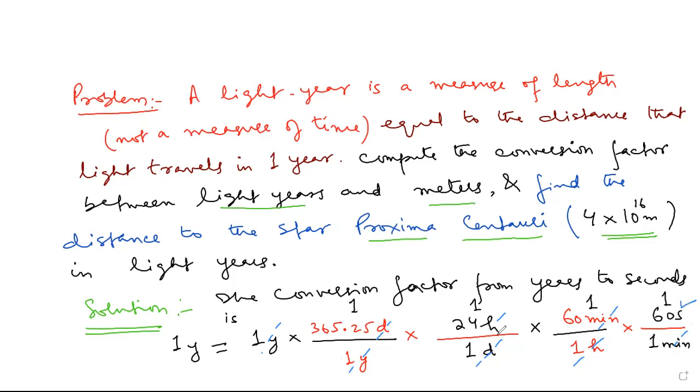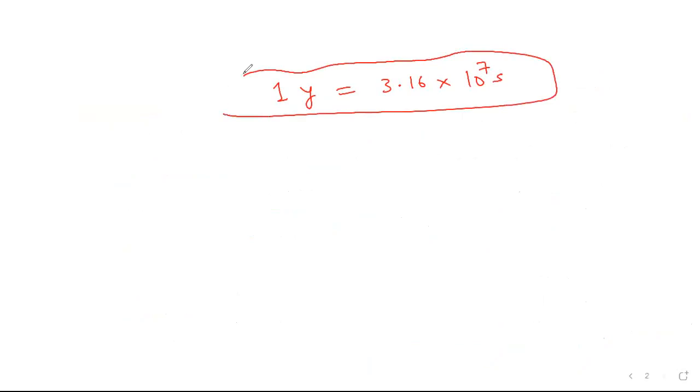Now you have to multiply these numbers to get the number of seconds in a year. When you do it, I will write directly: you will get 1 year is 3.16 into 10 raised to the power 7 seconds. So you need to remember it. But check it at home.